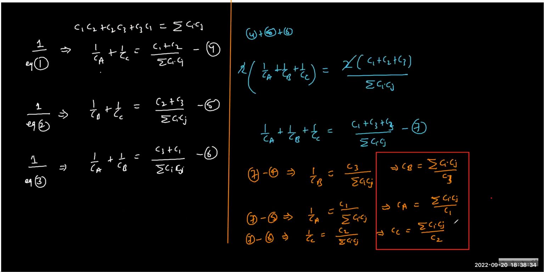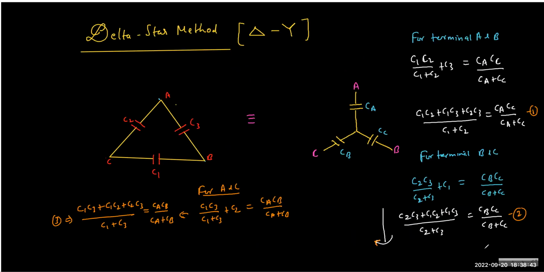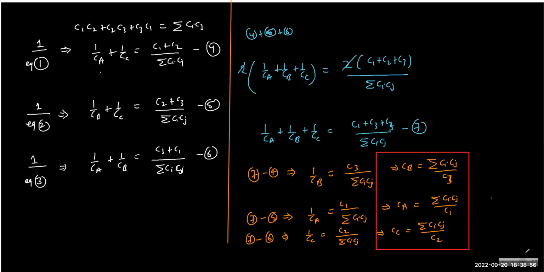It should be in sequence. CA is getting C1, that's correct. B should get C2, and I think I made a mistake, B gets C2 and C is 3. A, C. 7 minus 4, 1 by C.